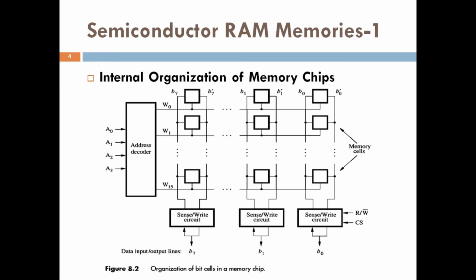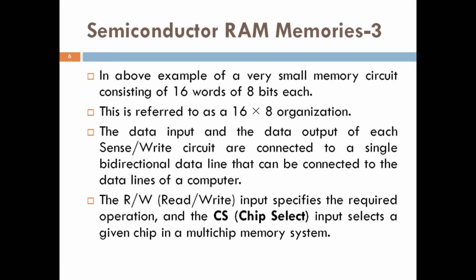This figure is an example of a very small memory chip consisting of 16 words of 8 bits each. We'll consider this illustration as a very small memory chip consisting of 16 words of 8 bits each, right?